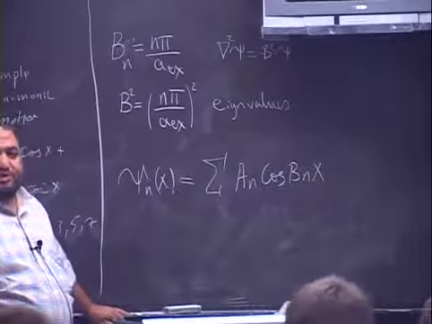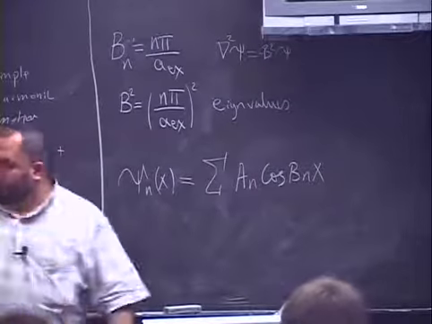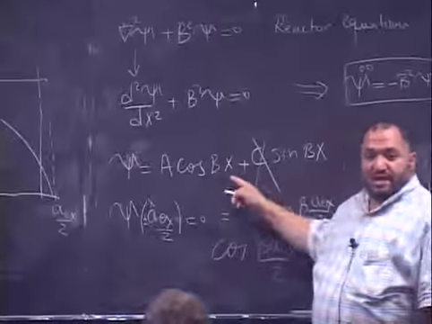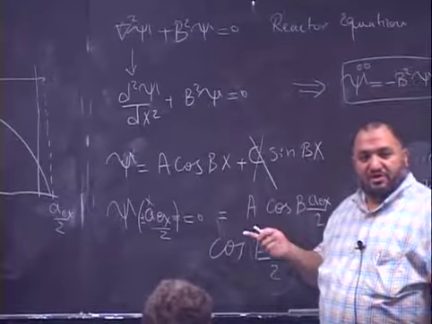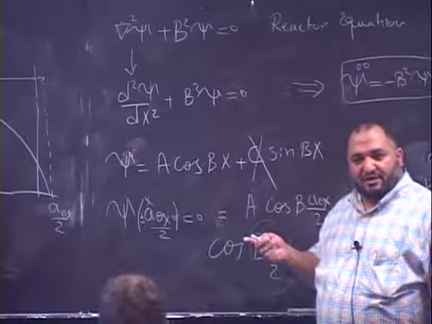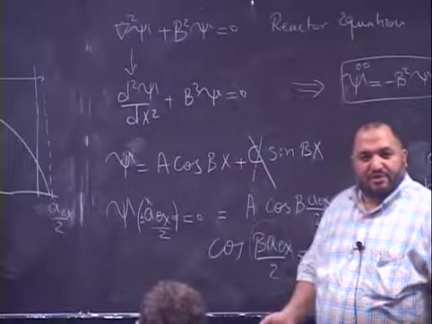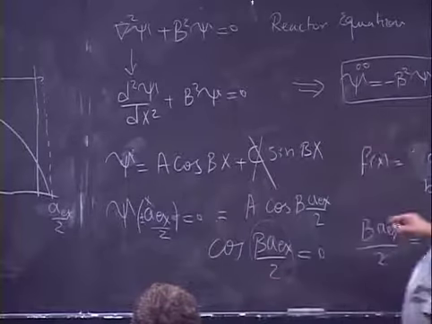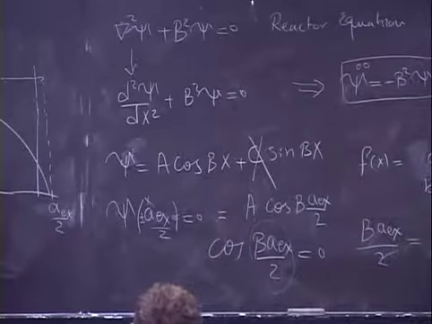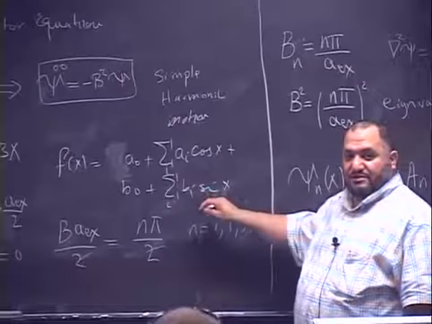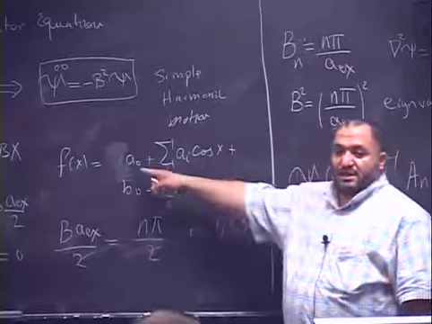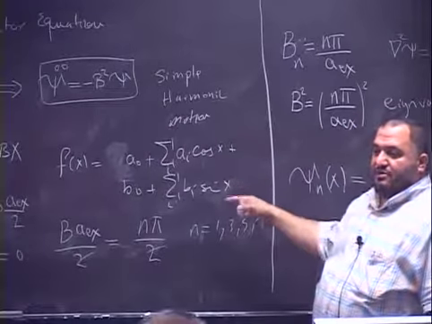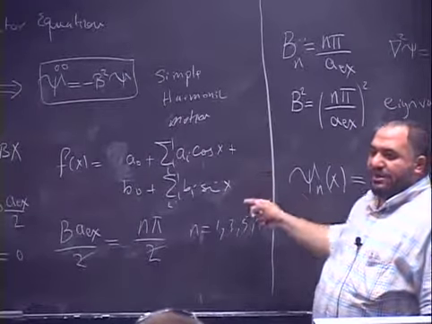Yes, because I no longer have only one value. So psi of x was equal to A cosine Bx, but I no longer have only one value for B. So I have B1 or B3 or B5 or B7 or whatever. This is exactly like when you do Fourier analysis. You write your function as A naught plus a summation of A n cosine n x and so on.